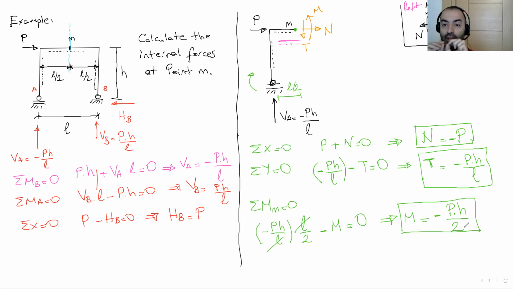But please keep this in mind: we have just calculated the internal forces at only one point, which is point M. We are not calculating the internal forces all around the structural system. We are just doing this calculation for point M. Okay, let's write the rules.